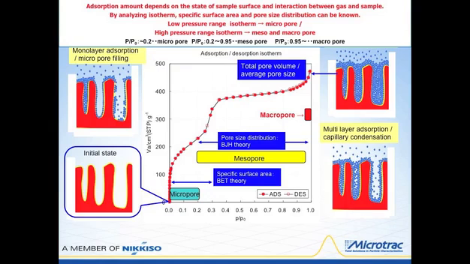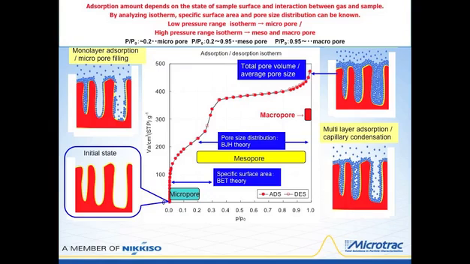I just want to note that the range from 0.05 relative pressure out to about 0.3 to 0.35 is the range of relative pressures where BET surface area measurements are made.